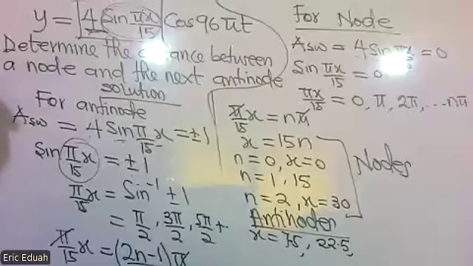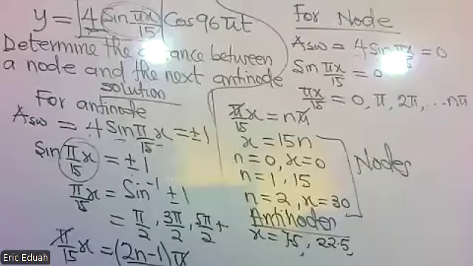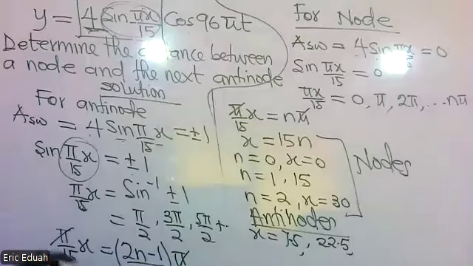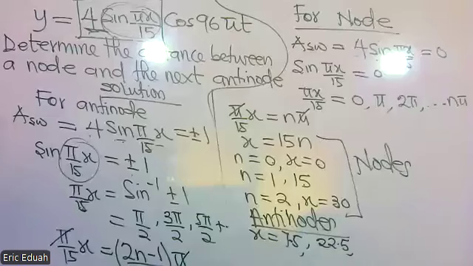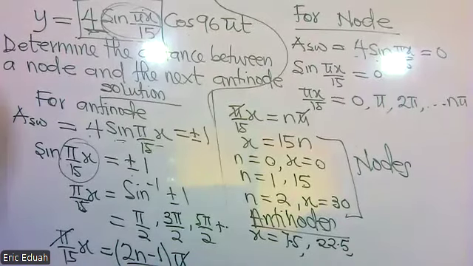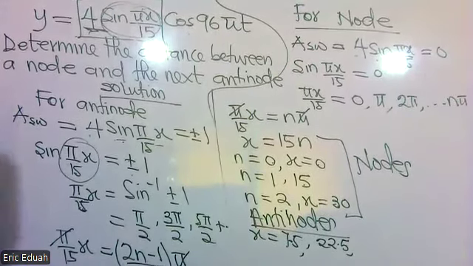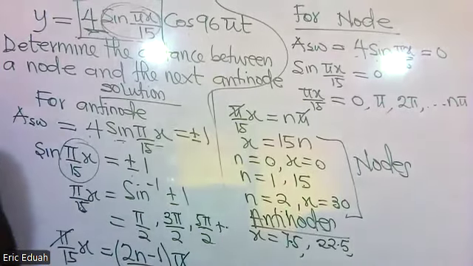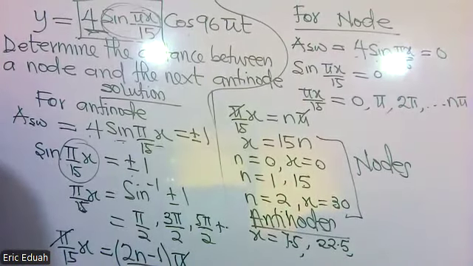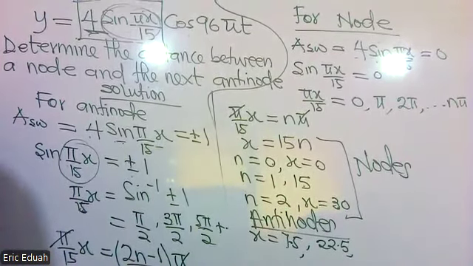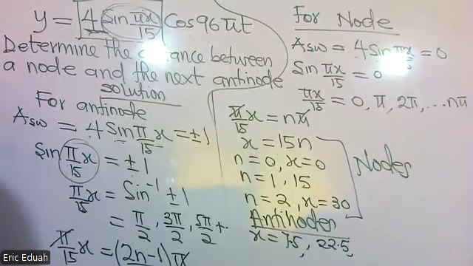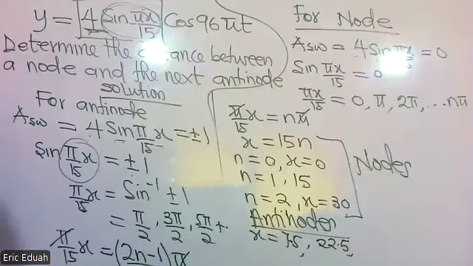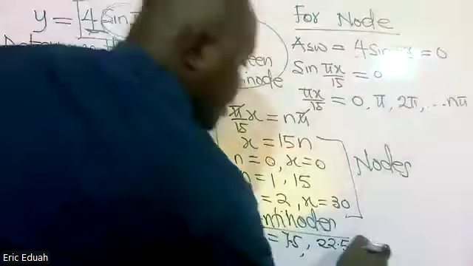And then what's the next antinode position? When n is equal to 3, 5 times 7.5. What is 5 times 7.5? 37.5.